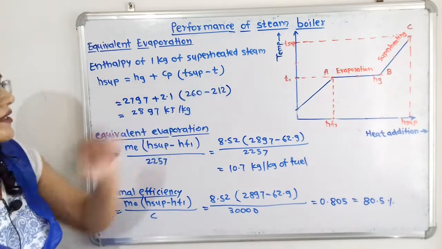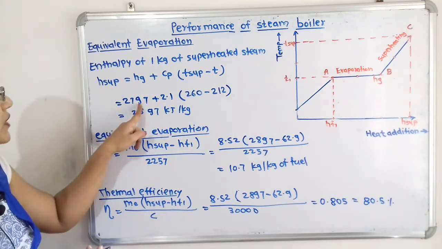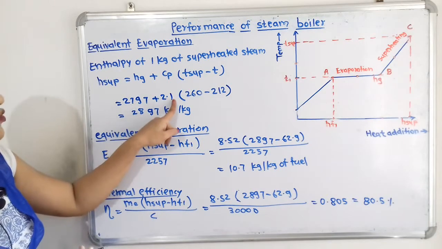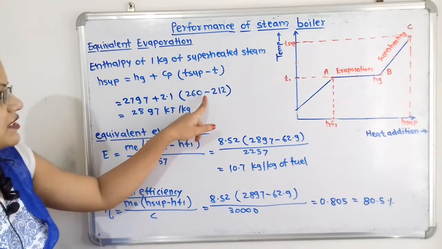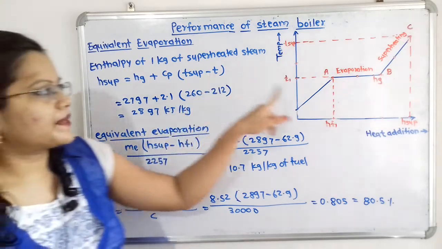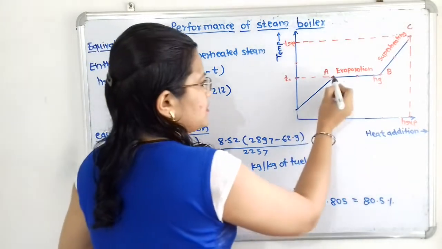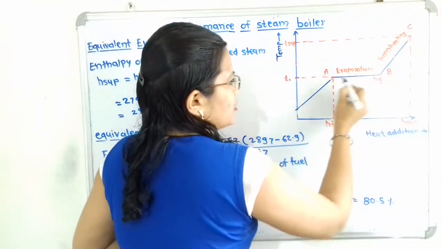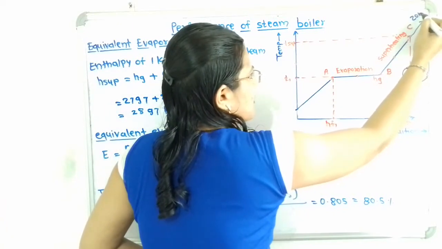So H superheated equals Hg plus Cp times (T superheated minus T). Hg, which we have already seen at 20 bar, is 2797, plus Cp 2.1 times T superheated, given in the question as 260 degrees Celsius, minus the saturated temperature at 20 bar, because this process of superheating or evaporation is taking place at constant pressure, 20 bar.